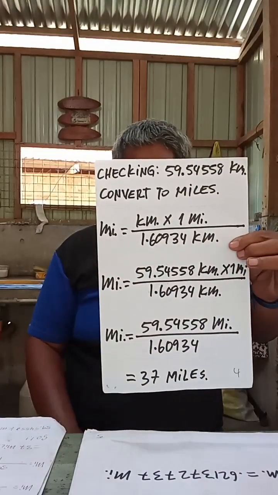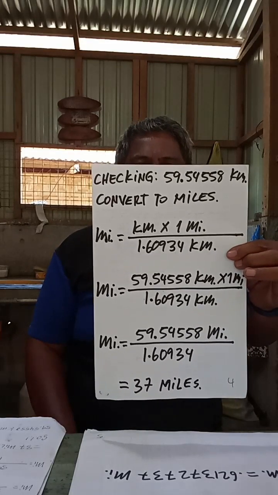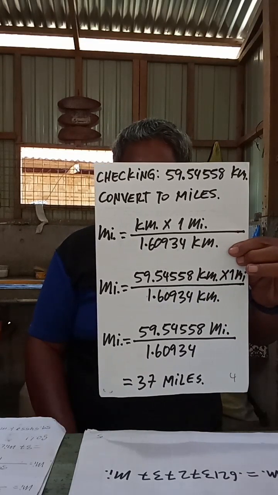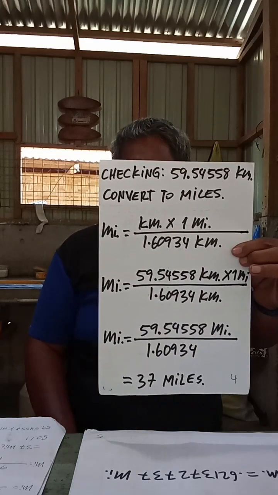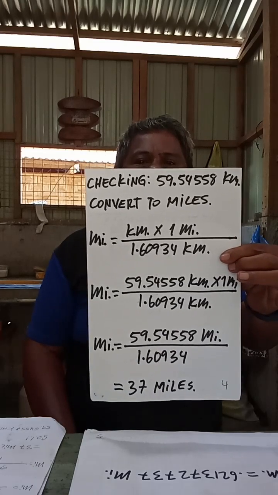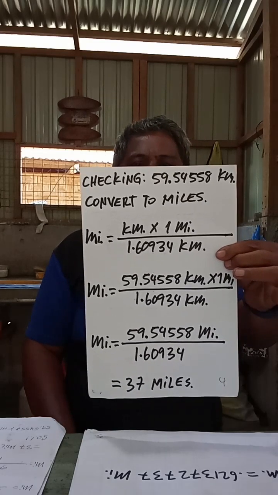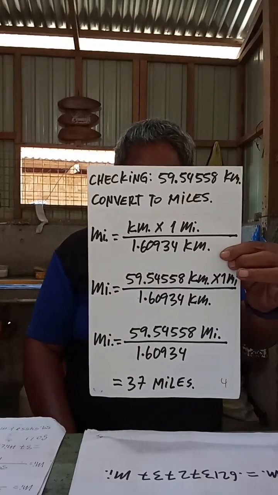So, mile = 59.54558 kilometers times 1 mile over 1.60934 kilometer. So kilometer over kilometer, so cancel and the mile is left.